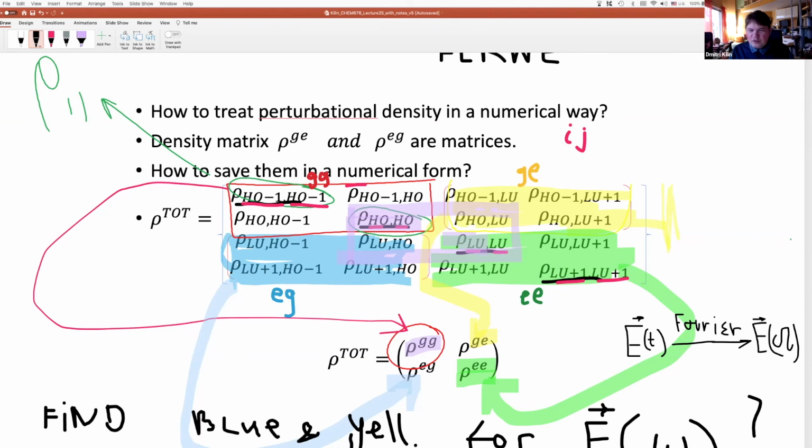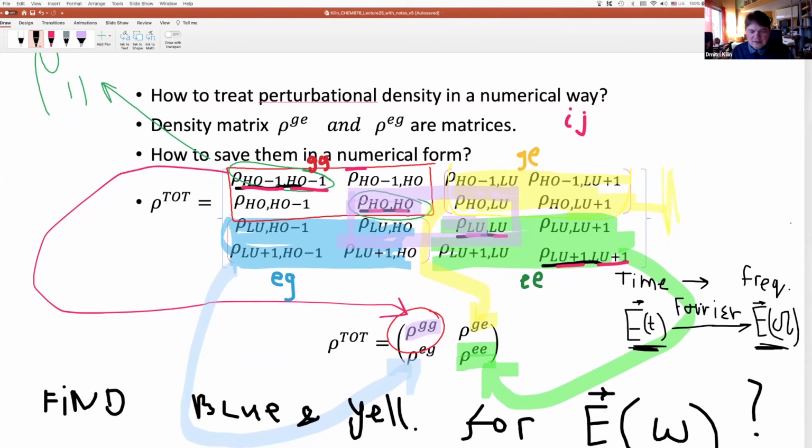So Fourier transform is a mathematical operation that converts time into frequency or frequency into time. A signal that depends on time converts into a signal that depends on frequency and the other way. The original derivations, original theorems for TDDFT were done for the time domain, but practical implementation is done for the frequency domain. We are going from the time domain to the frequency domain.